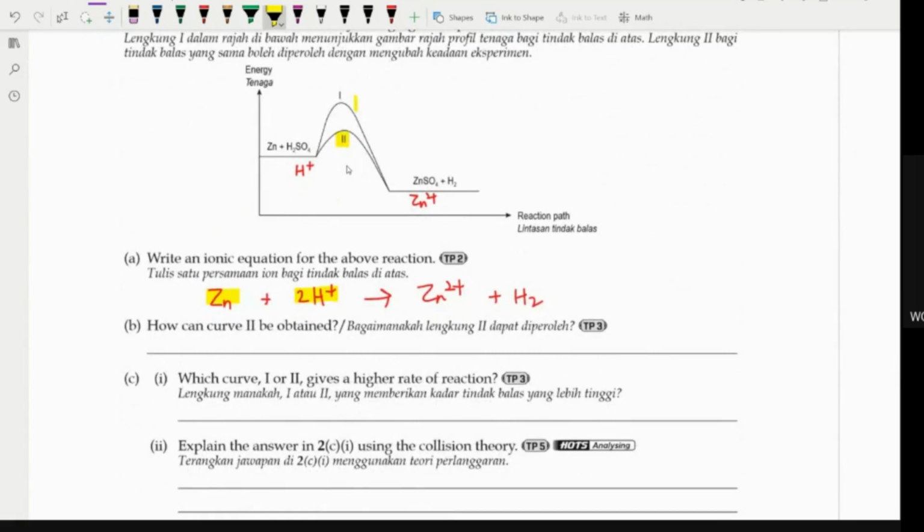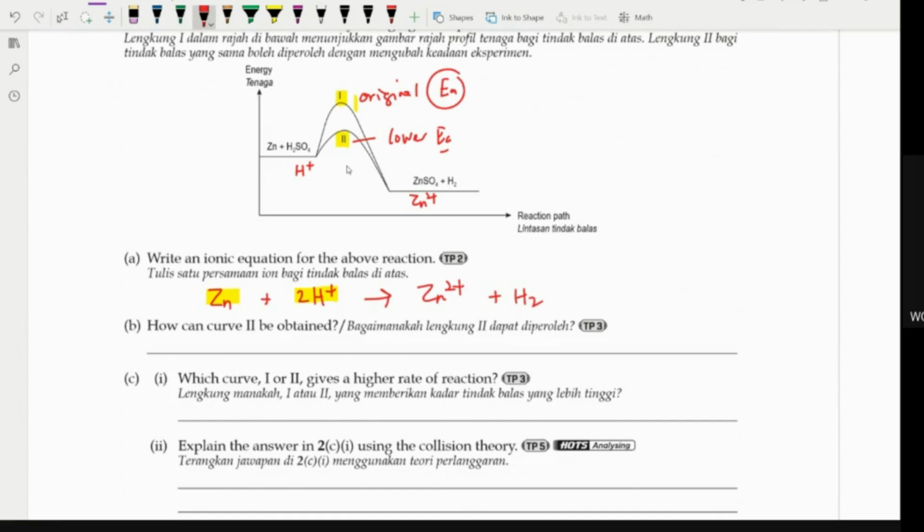Curve 1 is the original, so the activation energy is original. Curve 2 activation energy is lower. How do we lower the activation energy? We add in a catalyst, right? So what is a suitable catalyst for this reaction?